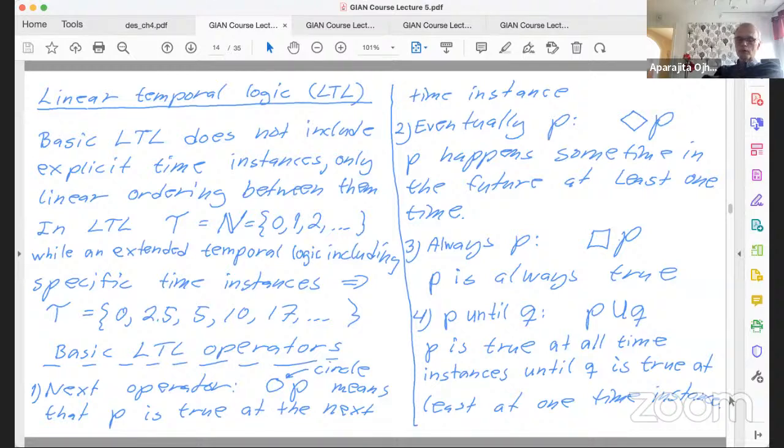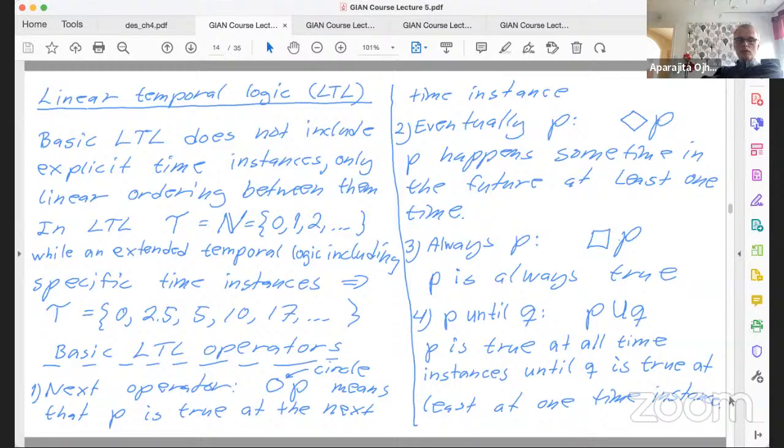I think I will come back to this in another slide. But E is there exists. So there are two quantifiers, always or there exists, A and E.